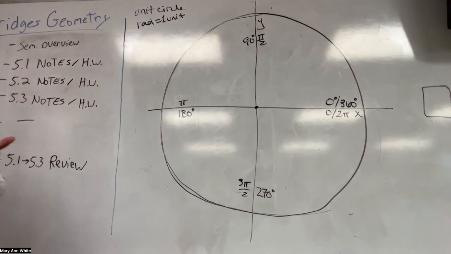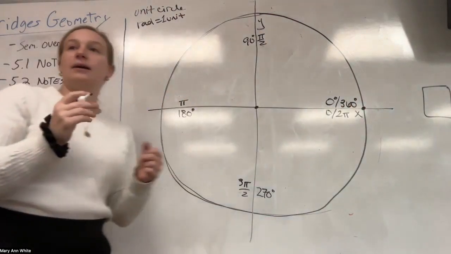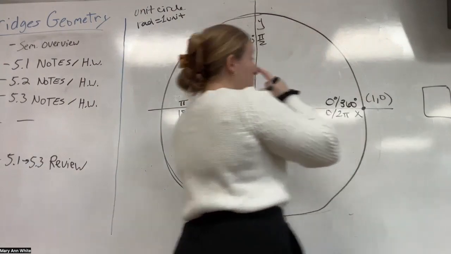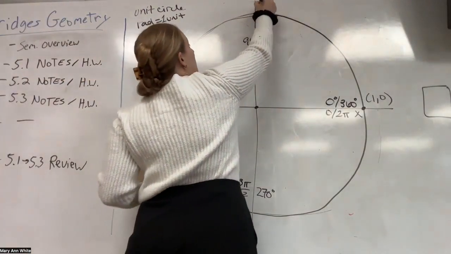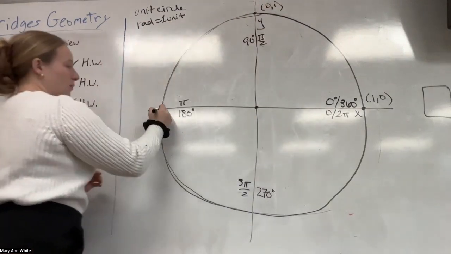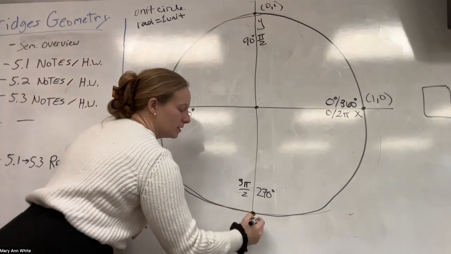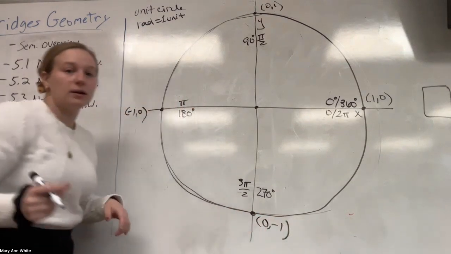So I had us label the coordinate points. What point did we label that? 1, 0. What did I label the one up by 90? 0, 1. What did I label the one over here at 180? Negative 1, 0. And then what about at 270? 0, -1. Good.